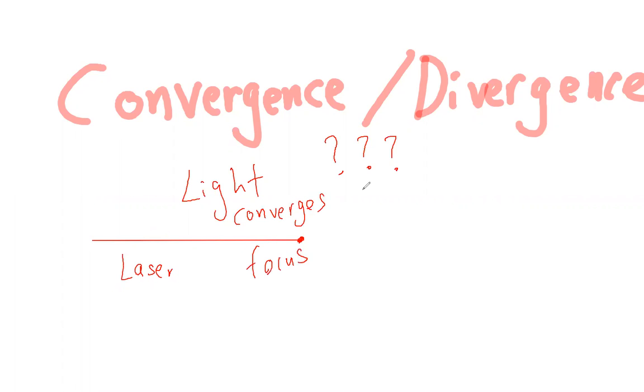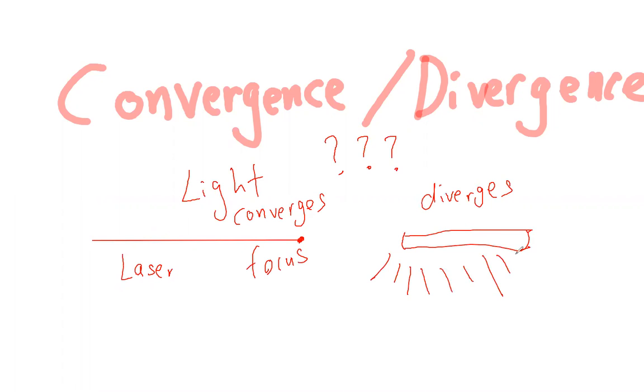How about if light diverges? If light diverges, it is like an LED light, where the light is spread all around the room. This is what we call the light diverging, or spreading all around, and this is called divergence.